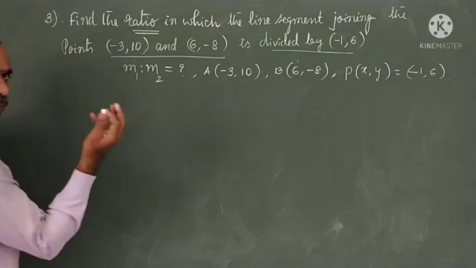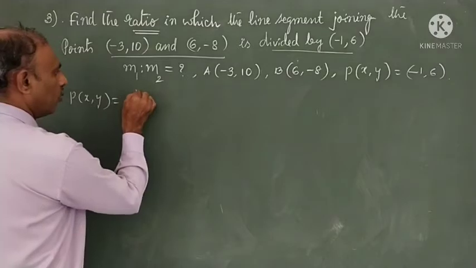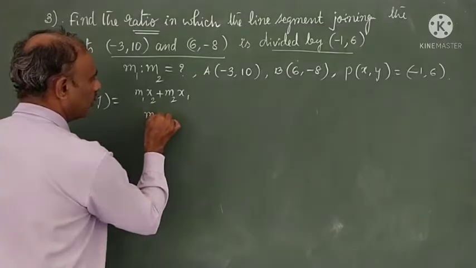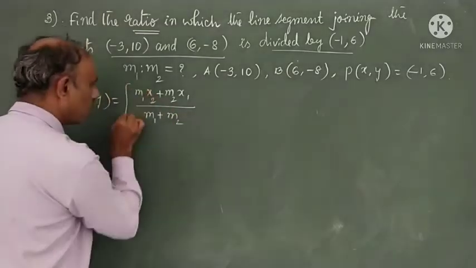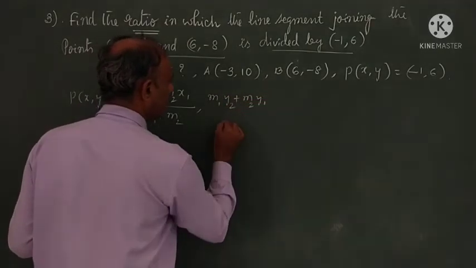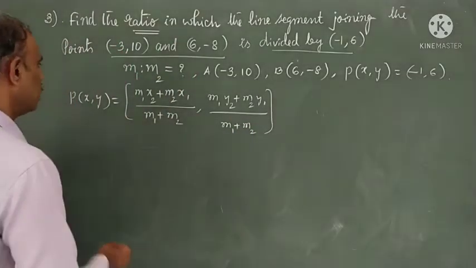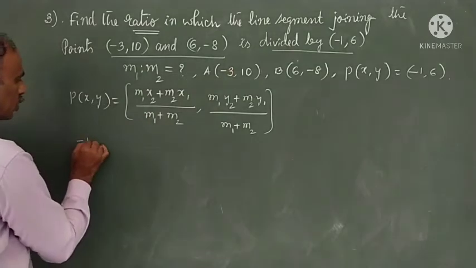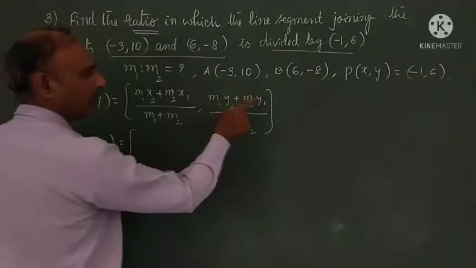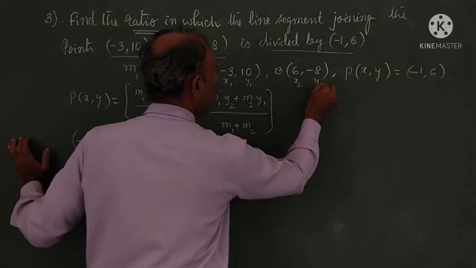So straight away write the section formula for P(x, y). The x coordinate is (m1 x2 plus m2 x1) divided by (m1 plus m2). In the same way, the y coordinate is (m1 y2 plus m2 y1) divided by (m1 plus m2). P(x, y) is given as (-1, 6). You have two points, x1, y1 and x2, y2.